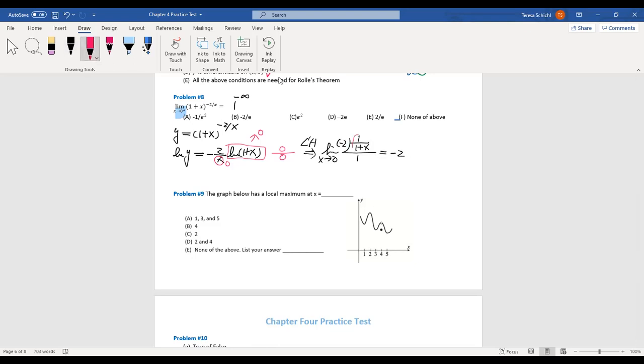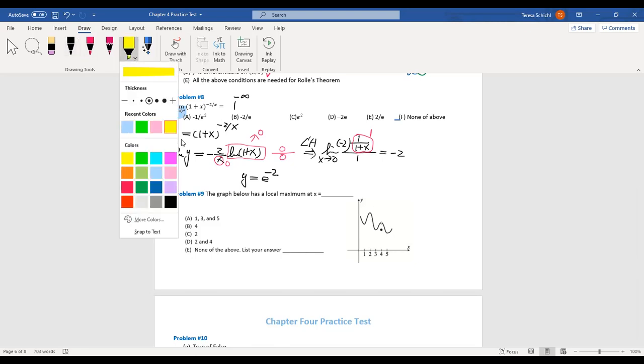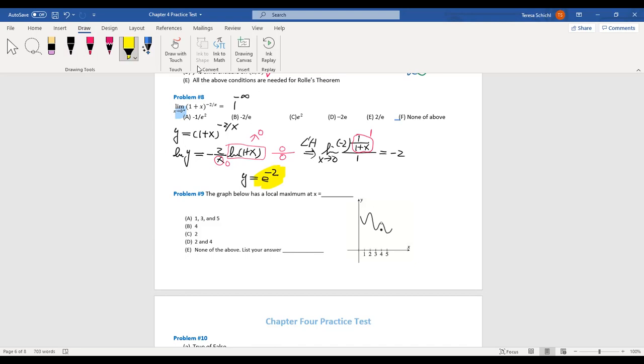Because when x approaches 0, these are going to approach 1, right? So I have a negative 2. But be careful, negative 2 is for natural log of y. So what is y? You need to e back, right? So the limit here will be e to the negative 2 power.